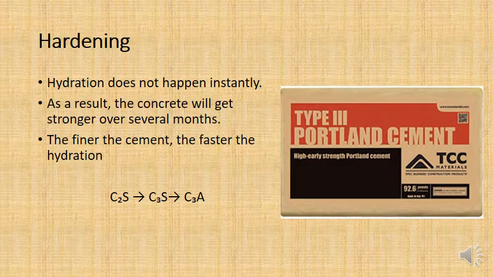And if you look at that little diagram at the bottom, you've got a faster hydration rate as you have a higher proportion of C3S and C3A. So if you need a concrete to get strong fast, you want to use a Portland cement that has more C3S and C3A than C2S, because that has a faster hydration rate.